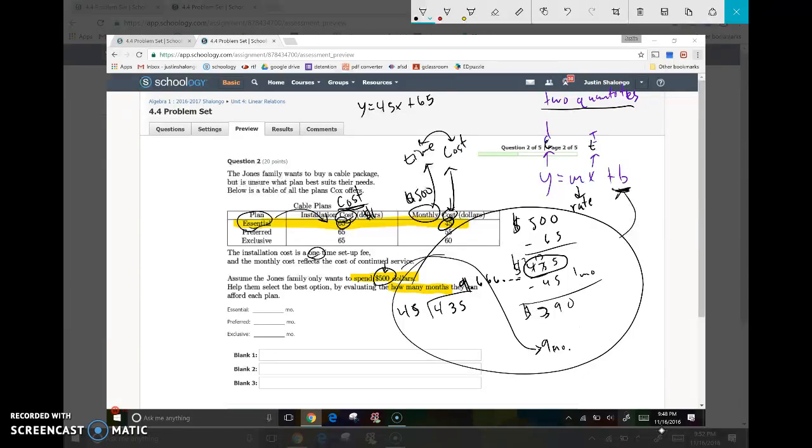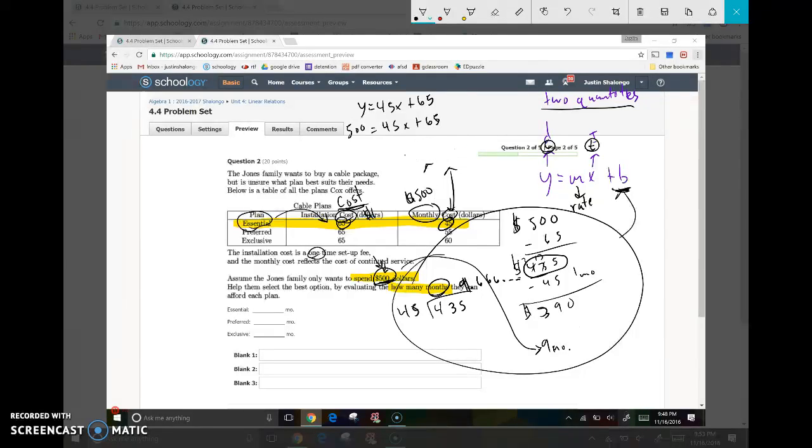And I also know another number, they gave me this 500. Does this 500 refer to time or does it refer to cost? Well, it's got a dollar sign in front, so I know that it refers to cost. So I can put that 500 where my cost variable is, and then I have 500 equals 45x plus 65. And I know that x represents time, measured in months.